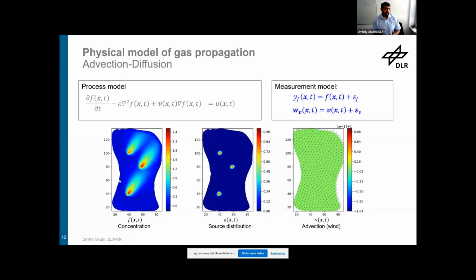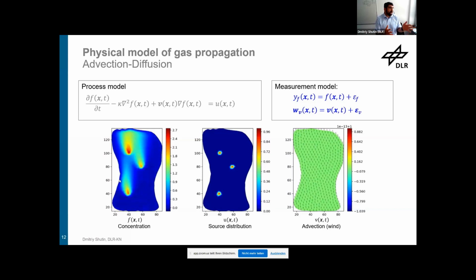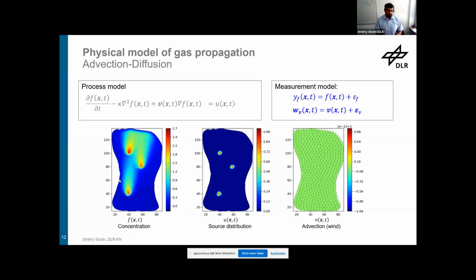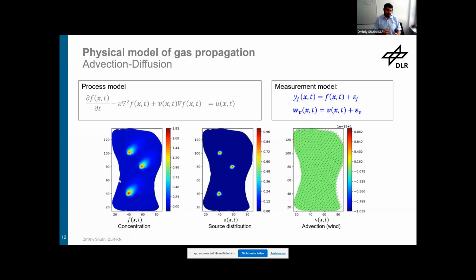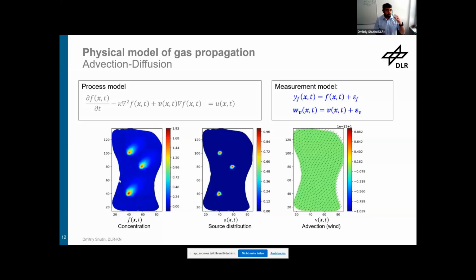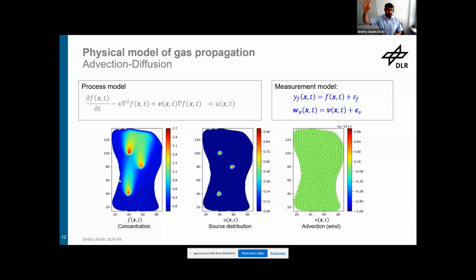The wind is the second, quite important element, which transports this gas in a particular direction. As you can imagine, in reality the wind is one of the key components which describes how smoke or a smoke plume propagates. If you look, for example, at a ship leaving the harbor and you see the smoke plume coming from the ship, you see that it typically goes in one particular direction.